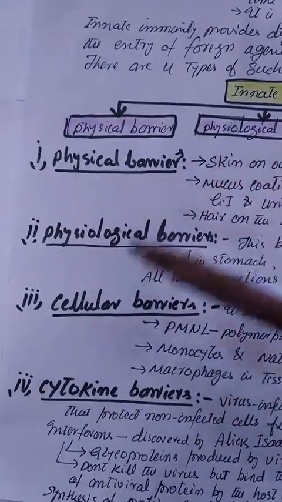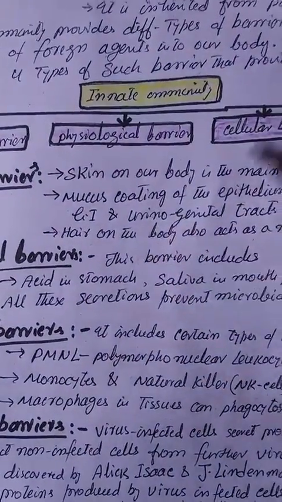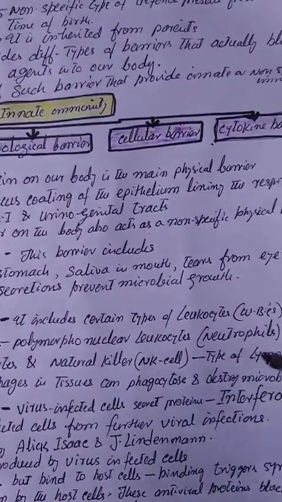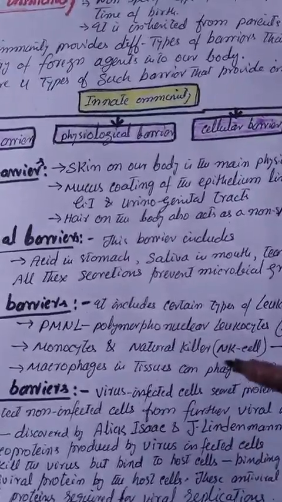Now the third barrier is the cellular barrier. The cellular barrier includes certain types of leukocytes, that is, white blood cells.